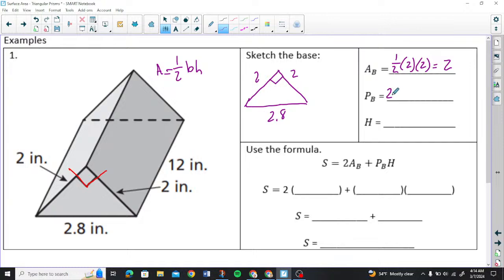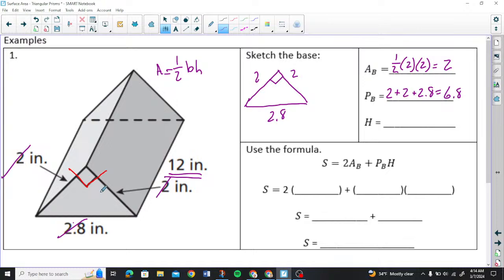The perimeter of the base is 2 plus 2 plus 2.8. Remember, with 3 sides of a triangle, you'll need 3 numbers to add together. So 2 plus 2 plus 2.8 is 6.8. We've used this 2, we've used this 2.8, we've used this 2. So the only number left is the height.